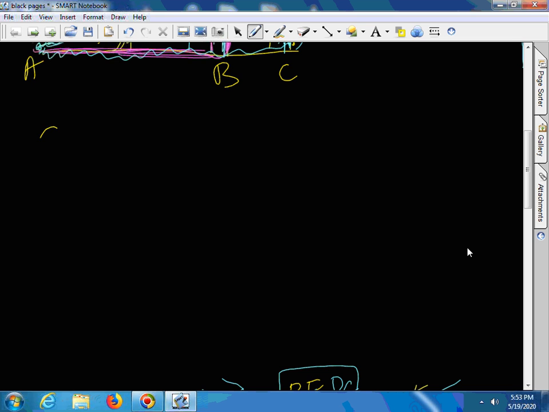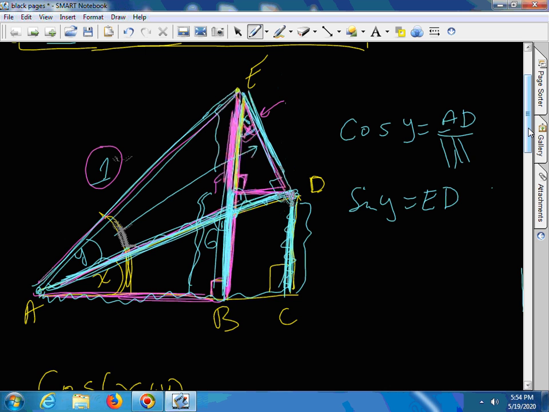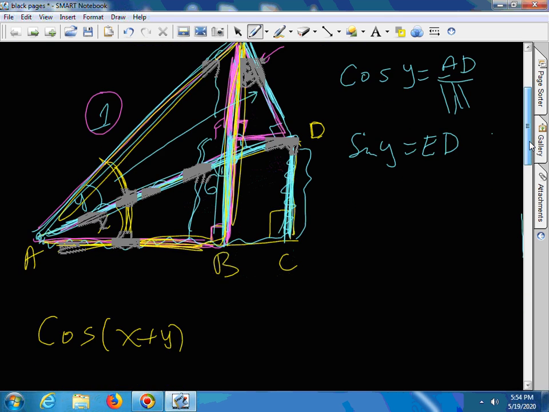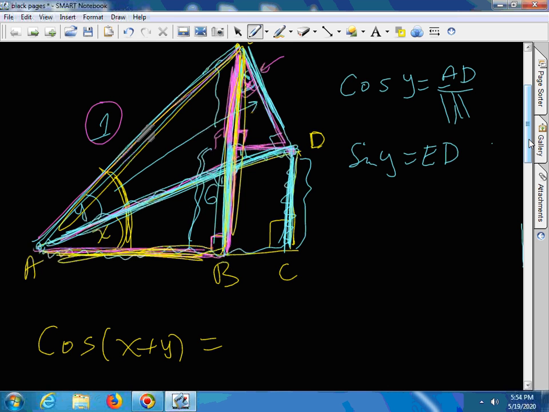And then we look at the cosine of x plus y. Well, x plus y, as always, is ABE, triangle ABE. And the cosine is AB divided by 1, the hypotenuse. Okay, so it's just AB.